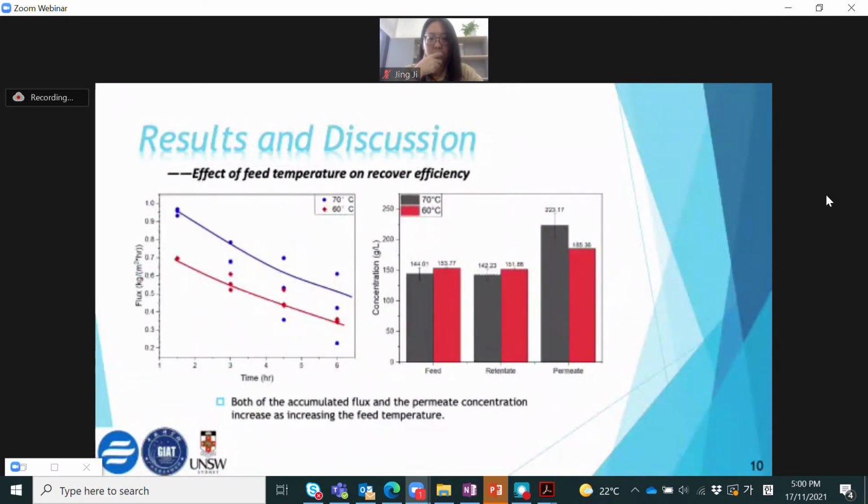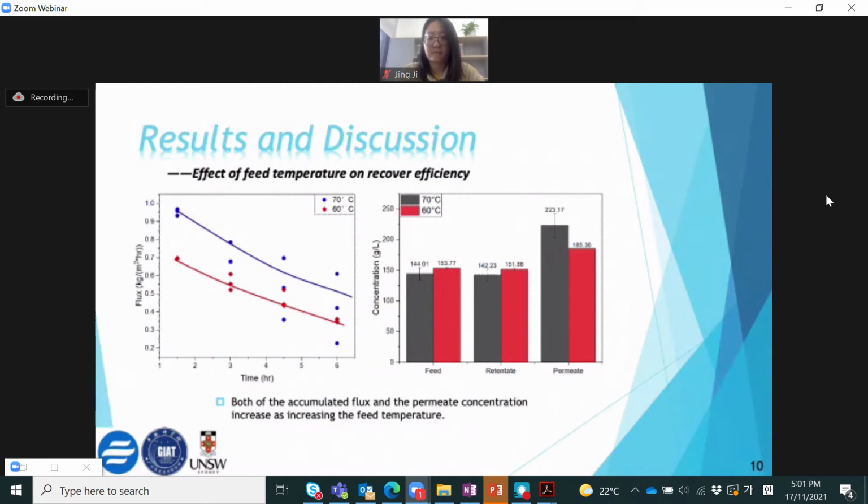Apart from the membrane itself, we also studied the effect of the experimental conditions on the ethanol recovery efficiency. But unfortunately, we only had time to run the PV test at 2 different temperatures, that is 60 and 70 degrees Celsius.